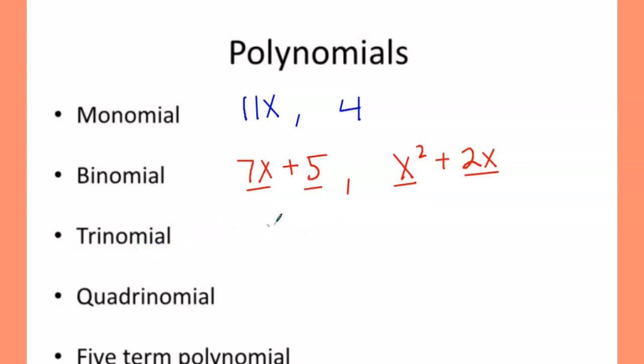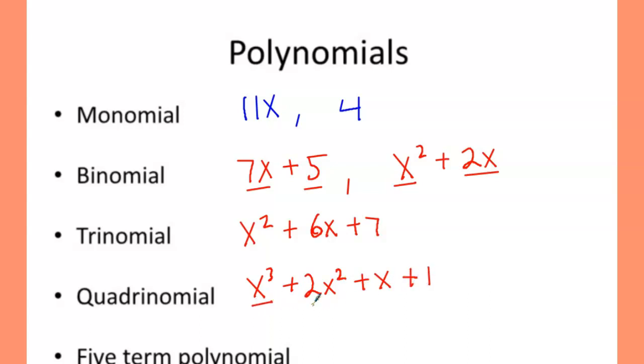Trinomial means 3 terms, so if we have x squared plus 6x plus 7. Quadrinomial means 4 terms, so if we have q plus 2x squared plus x plus 1, it's 1, 2, 3, 4. Moving forward from 5, it's a 5-term polynomial.